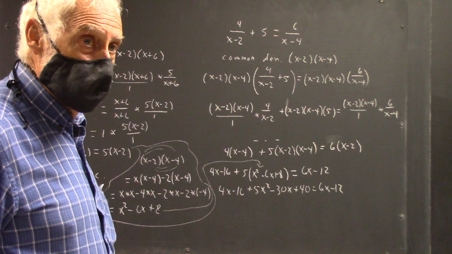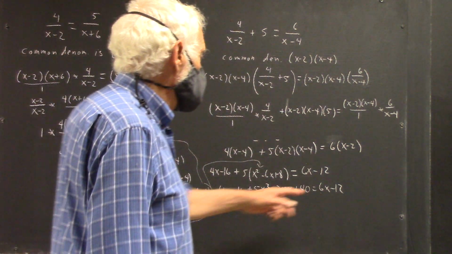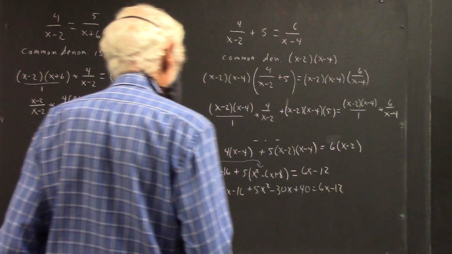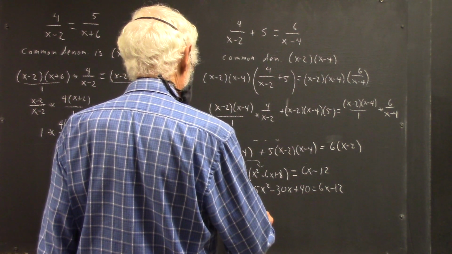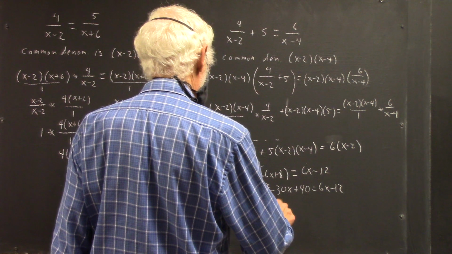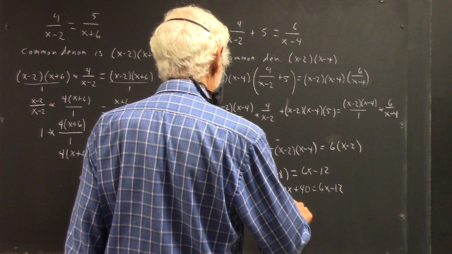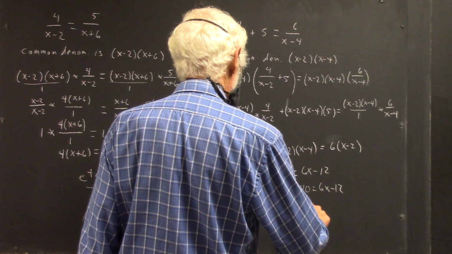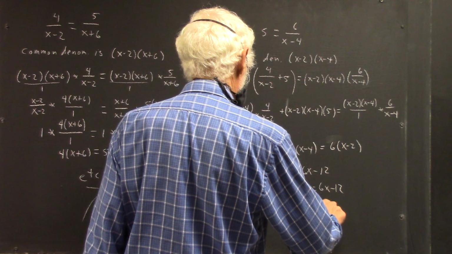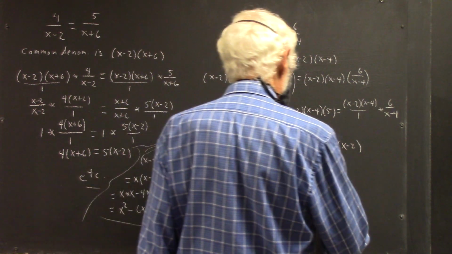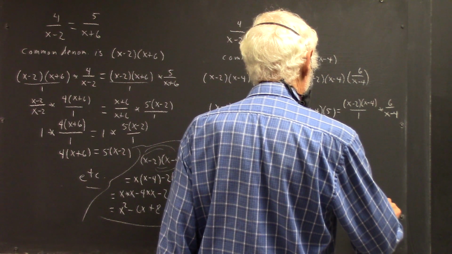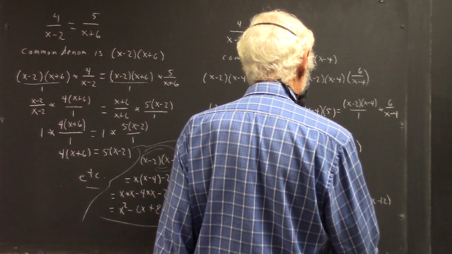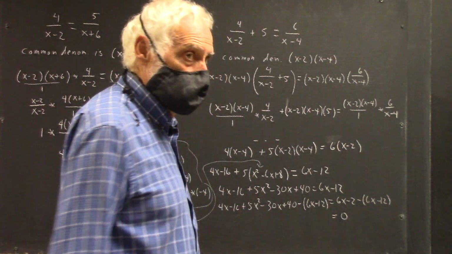Okay? Now we subtract 6x minus 12 from both sides. And the reason we do that is now we have 0 over here.